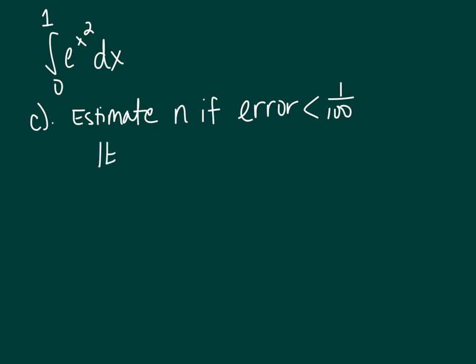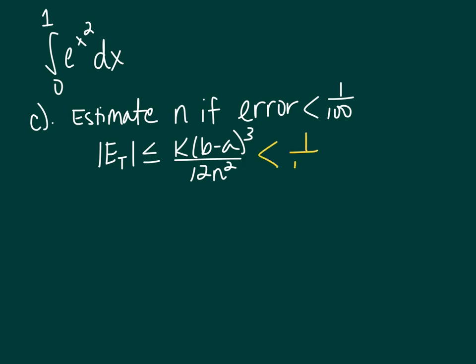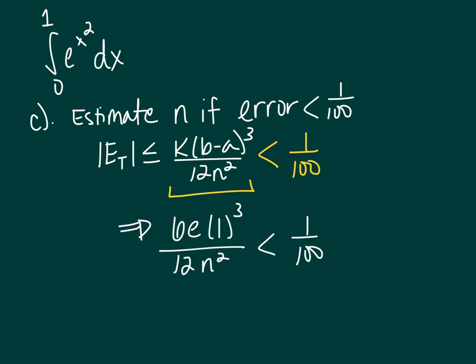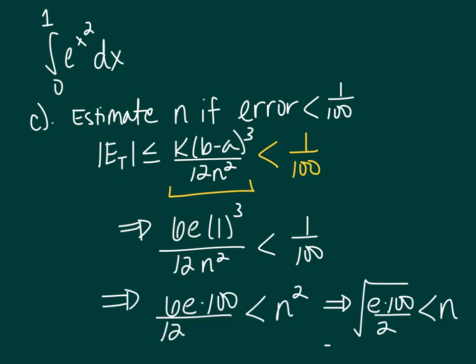So we're still going to use this, and now I know that I want this to be less than 1/100th, and so now I'm going to fill in what I already know from the previous page about these terms. I already know k, I already know b minus a, and now I'm just going to solve this inequality for n. If we plug this into a calculator, that means this is going to give me 11.6.